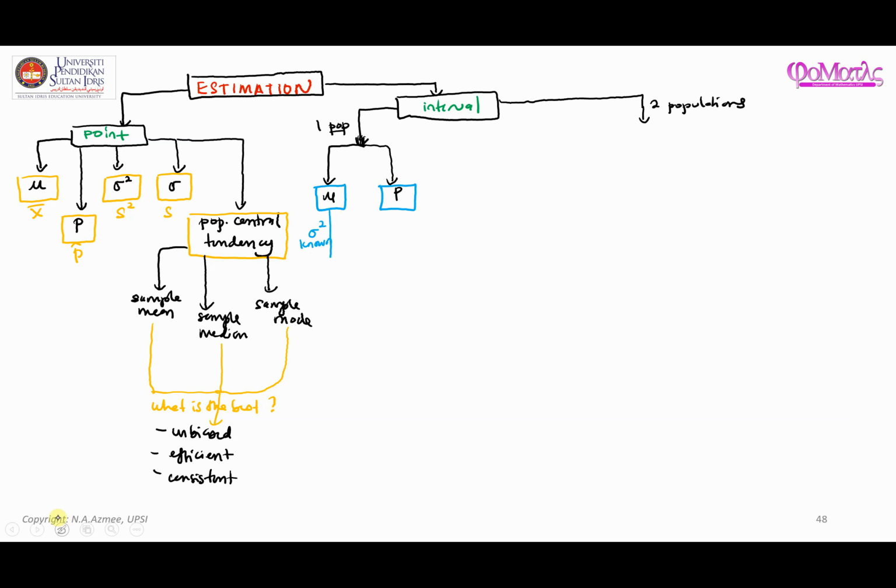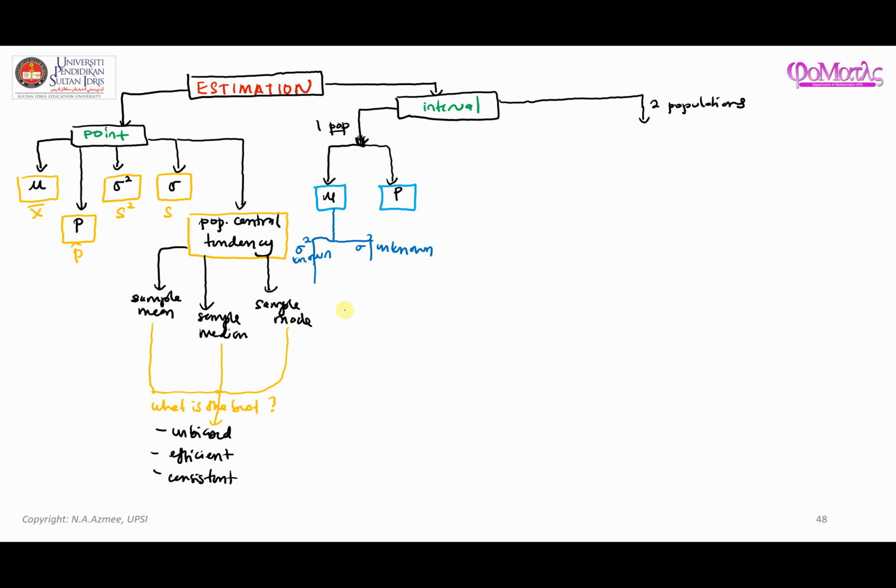I think what I'm going to do is I'm going to erase this part first. So for mu, there will be two cases that you need to consider. The first one is sigma squared known, and this one is sigma squared unknown. Let us talk about sigma squared known first.